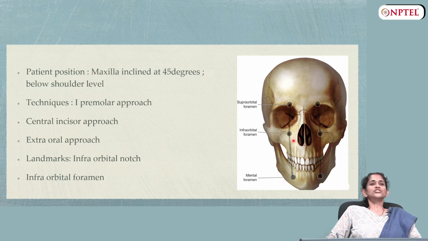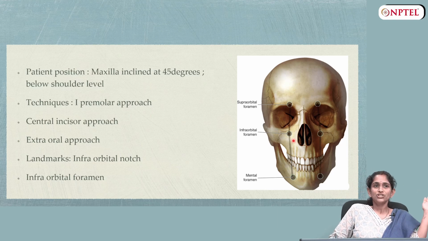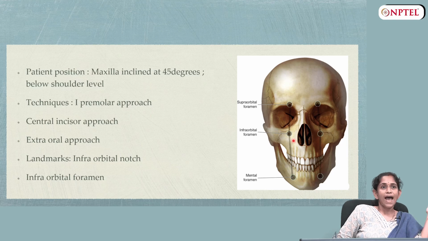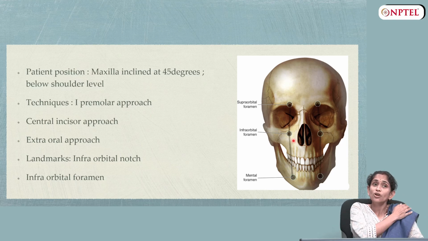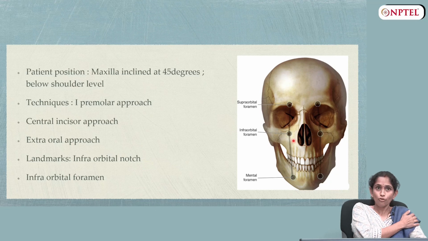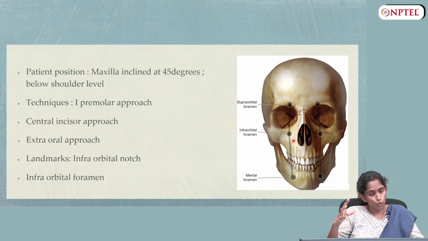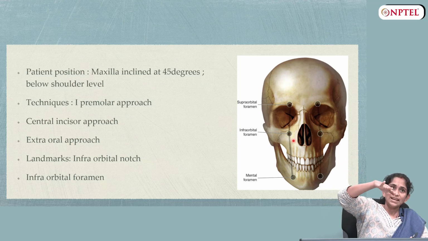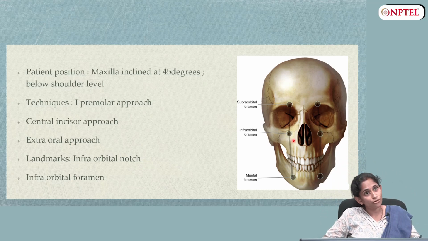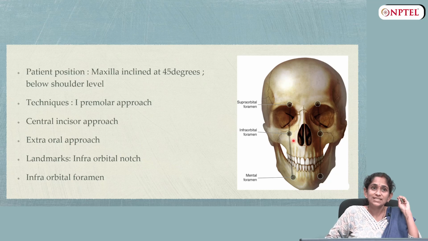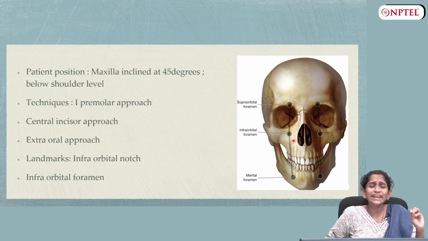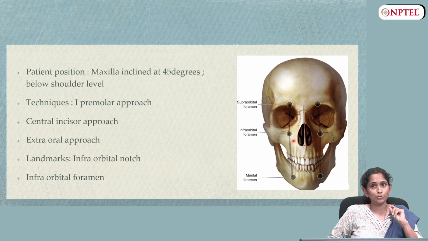So, recline the patient at an angulation of 45 degrees and make sure that the patient is below the level of your shoulder by 4 inches. Ask the patient to open his mouth wide and see that the maxillary plane is inclined at 45 degrees to the floor. This position is indicated for any kind of maxillary procedure.